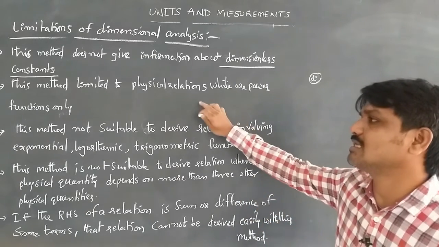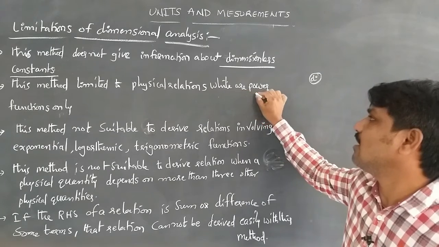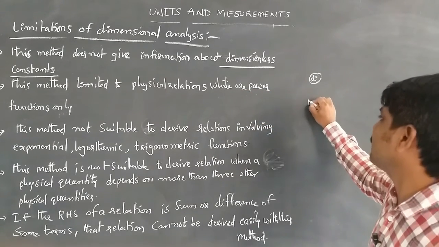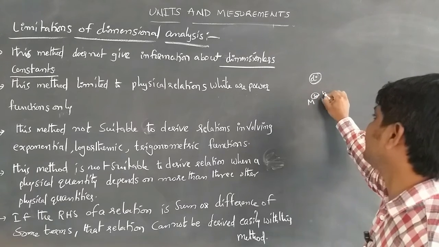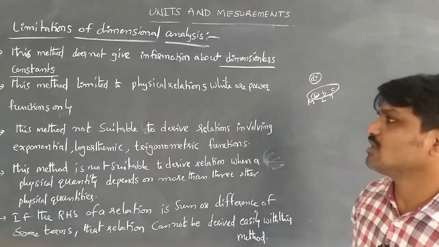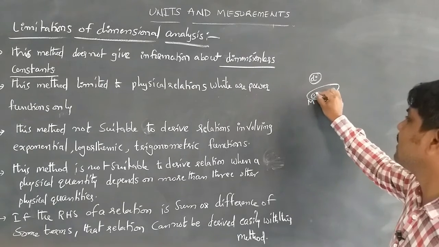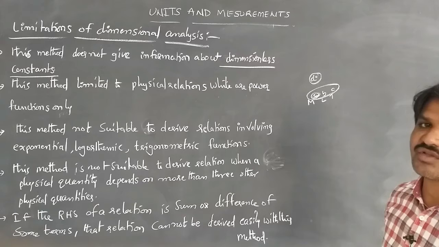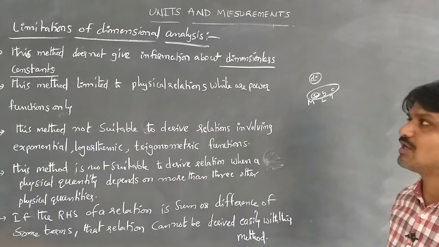And the next one: this method is limited to physical relations which are power functions only, meaning whenever the physical quantities are power functions, like L to the power a, M to the power b, and T to the power c, only then this method works.